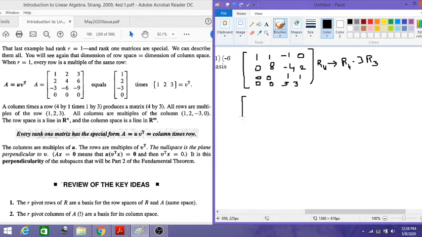So then I'll get 1 1 minus 1 0, 0 8 minus 4 2, 0 0 1 1, and here I'll get 0 0 0 0. So the last row has become 0 here. If you want, we can continue.